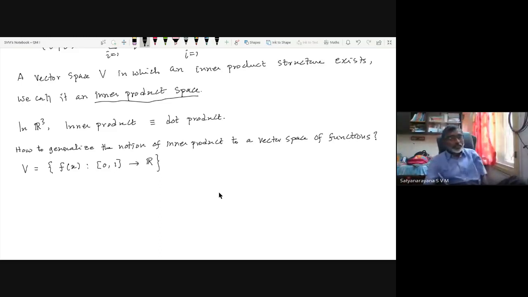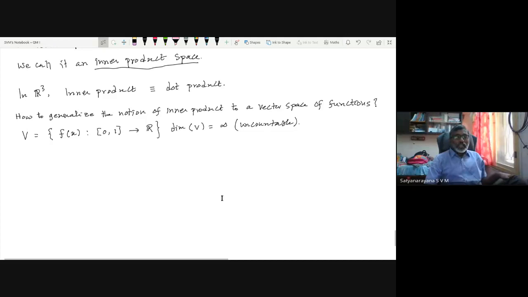This is a vector space, and we have argued that this is a vector space. We have also said that the dimension of this vector space is actually uncountable infinity. Okay, now let us try to understand this carefully.